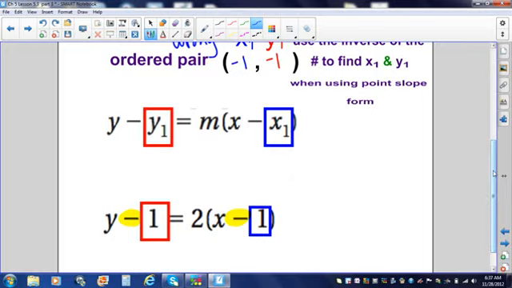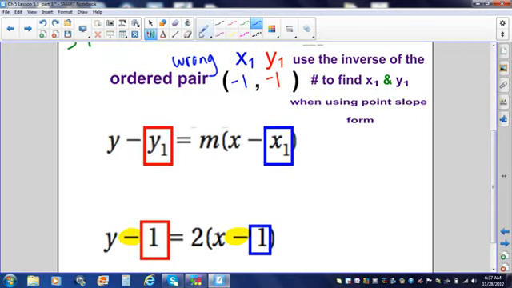If you tell me that y1 is negative 1, when I substitute y1 with -1, look what happens. You get 2 negatives in a row, and 2 negatives in a row change to a plus. But check it out, we're not supposed to have a plus, we're supposed to have a minus.